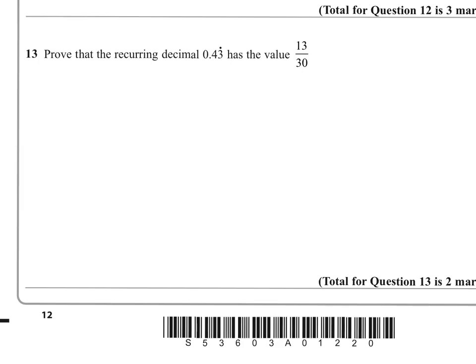Question 13. There's a couple of ways of doing this question. One way is to say that this is 0.4 and 0.03 recurring. Now we know 0.4 is 4/10, and well, what's 0.3 recurring?